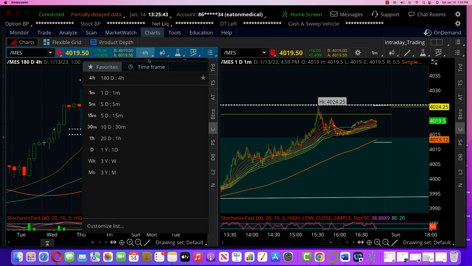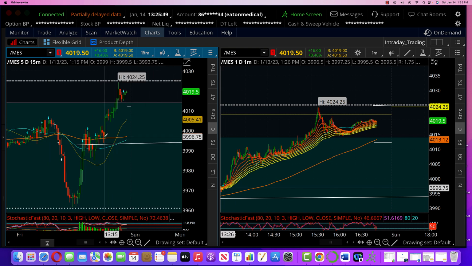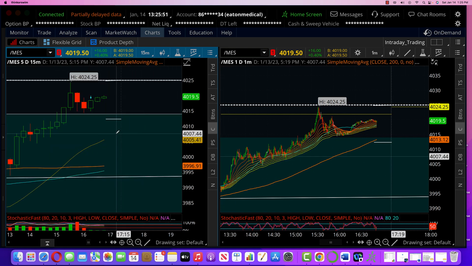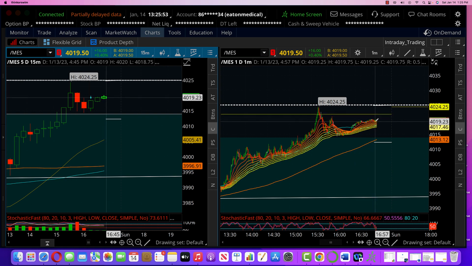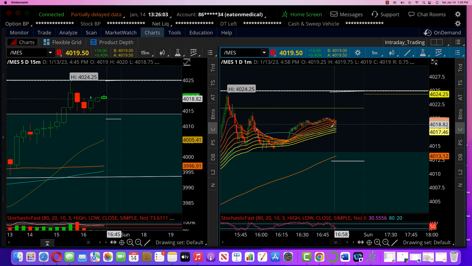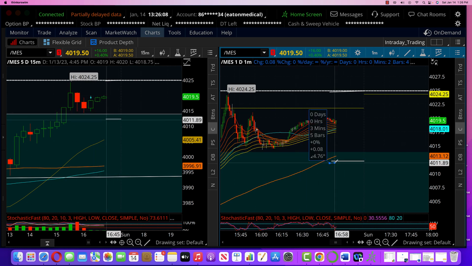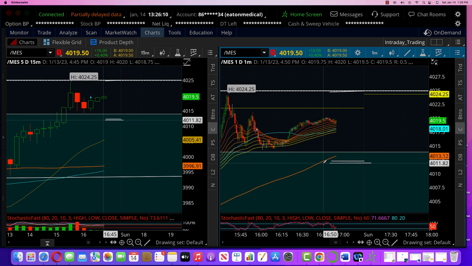So what you do as a swing trader is you might be looking at your 15 minute and seeing, okay, if I want to get long here, the market has put in a high and pulled back right here into the range. So if you're going long here, your stop is below that 200.